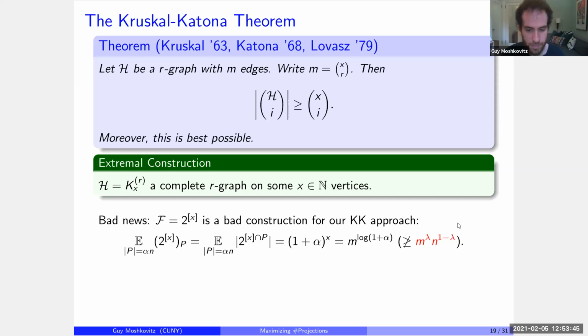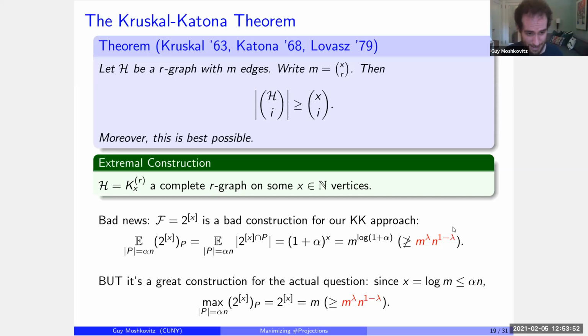So what do we do? The thing is that actually, while the approach itself doesn't work, this example is not a bad example. It's a bad example for our approach, but not a bad example for the original question, because the densest possible hypergraph, which is just a power set or just a clique, that's fantastic because we're talking about the setting where the number of vertices of this clique is much smaller than the number alpha n that we're projecting on.